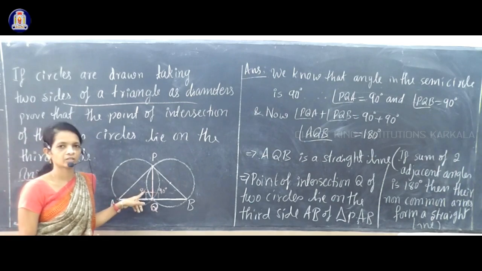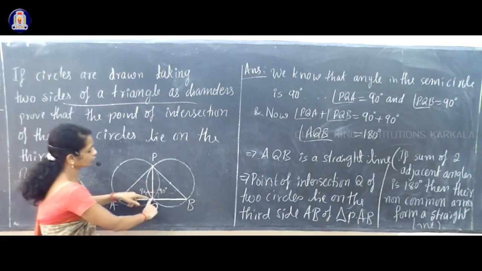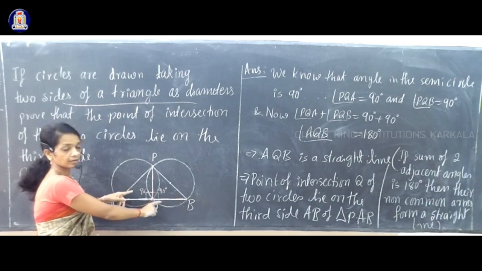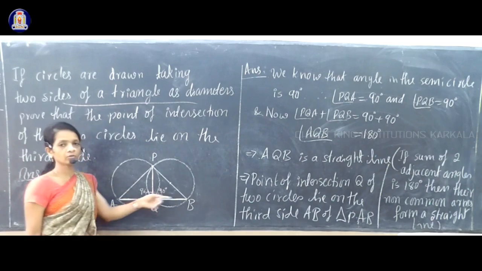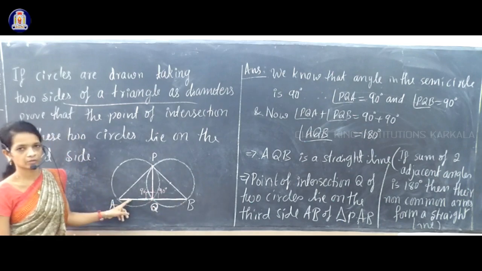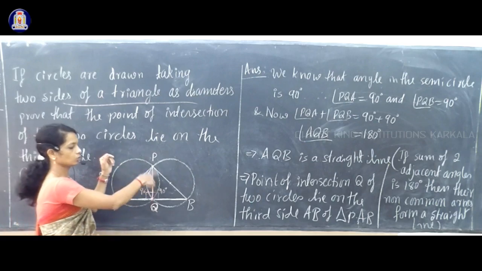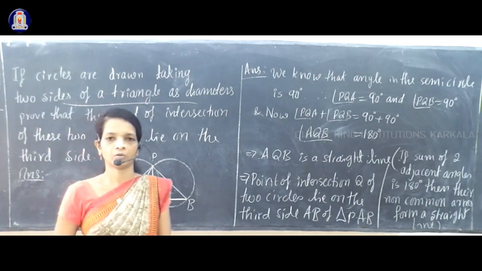And these two are adjacent angles. Adjacent angle sum is 180 degree means their non-common arms form a straight line. Means AQB will be a straight line. That is a straight line means you can see point Q is on the line AB. So that proves that the point of intersection Q of these two circles lies on the third side AB. Okay, thank you.